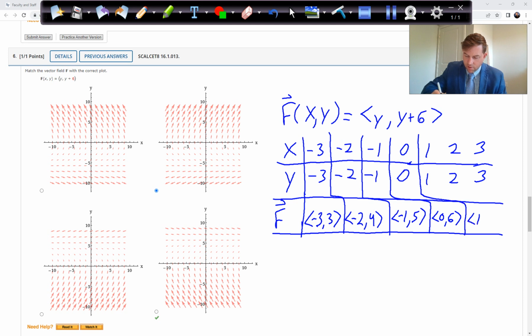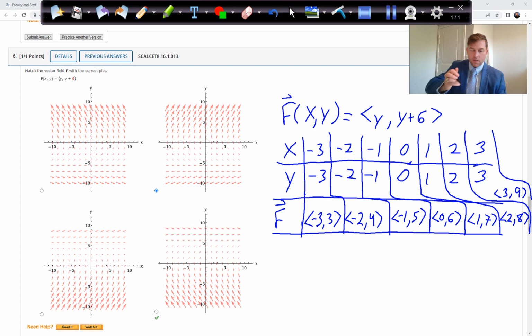When y is 1, we're going to get 1, 7. When y is 2, we're going to get 2, 8. And then when y is 3, we're going to get 3, comma 9. Okay, so the hard part is plotting these.